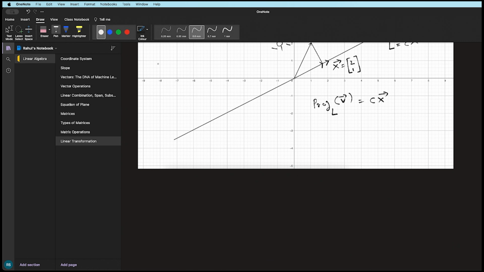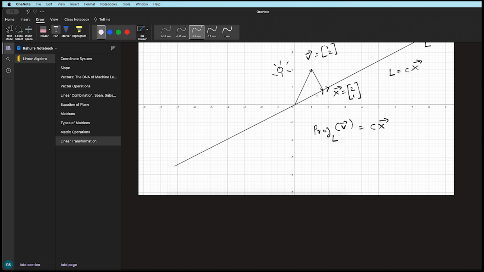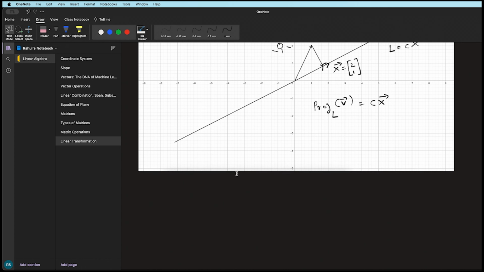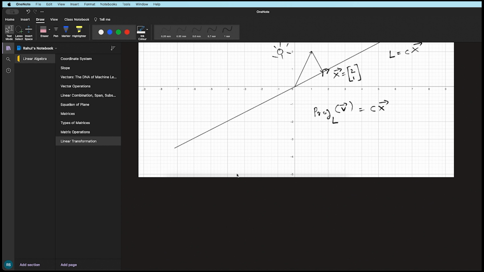In order to find the value of c, we know that this line and the vector x are orthogonal, meaning they are perpendicular to each other and form 90 degrees. We studied in the previous videos that the dot product of two vectors which are perpendicular is always 0.